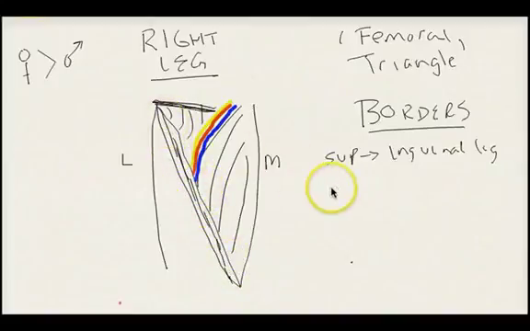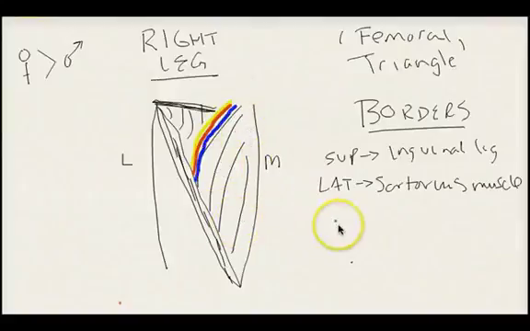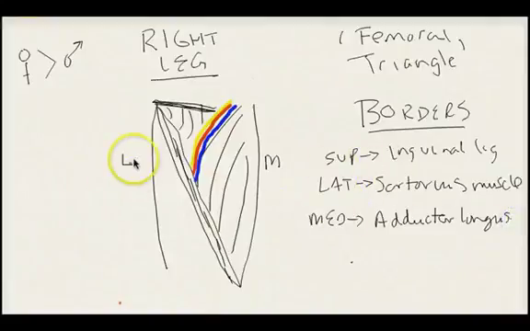That's going to make up our lateral border. And then medially, what we have here is our adductor longus muscle, this big muscle here. So that's our medial border. And these three structures make up what is known as the femoral triangle.